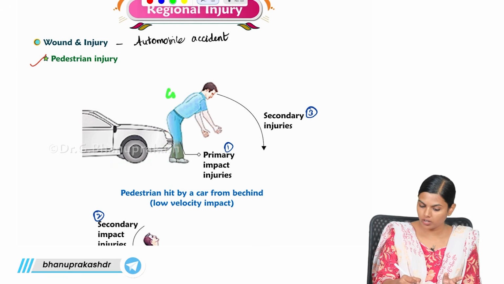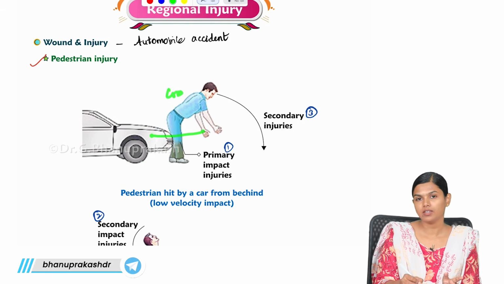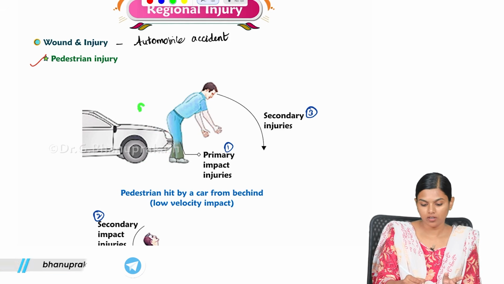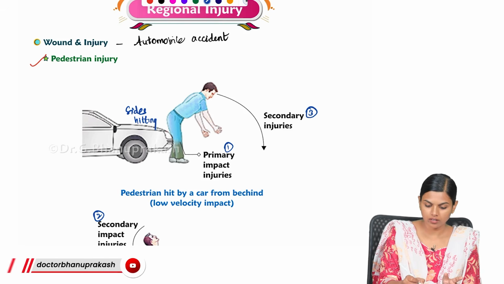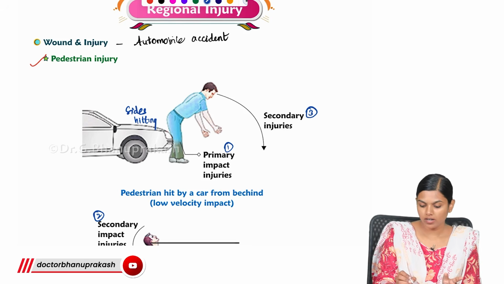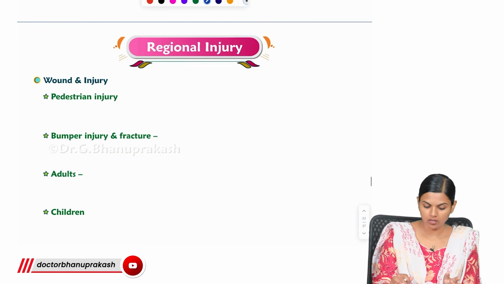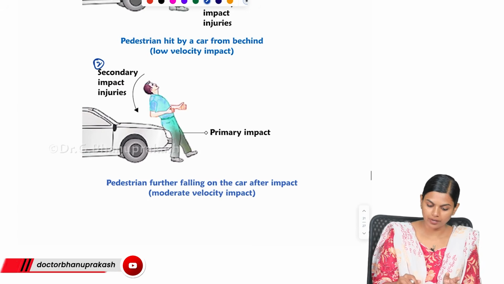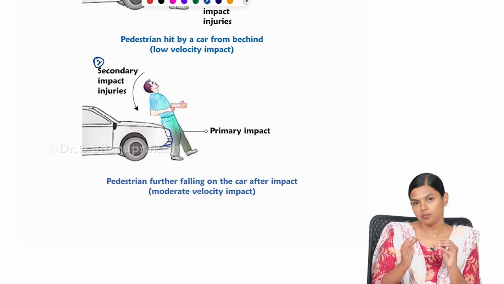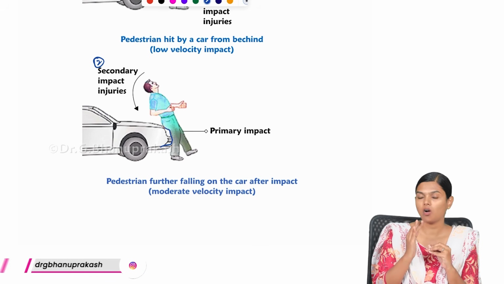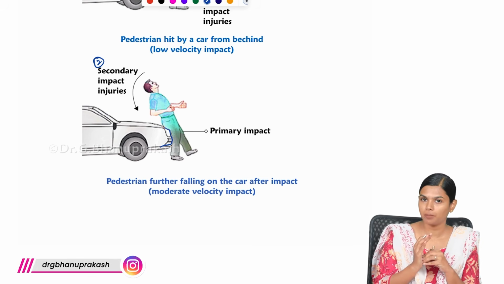Or he is trying to cross, when he is getting hit on the side, from the side. It is hitting the pedestrian. So what will happen is that if it is an adult, this bumper, this part of the car, is known as the bumper. This is the part which will hit the pedestrian, and all the injuries caused by this bumper, we call them bumper injuries.